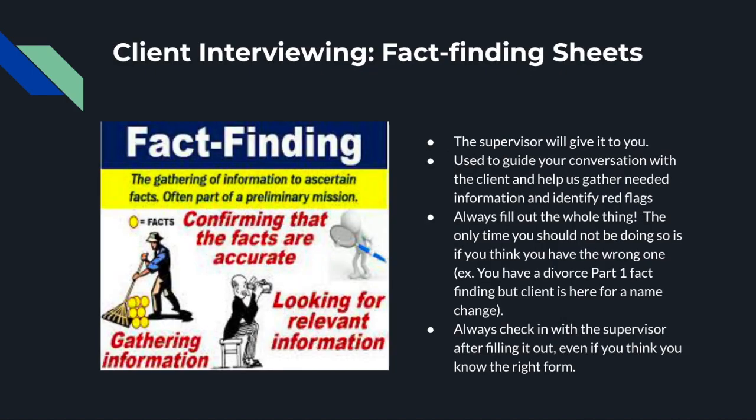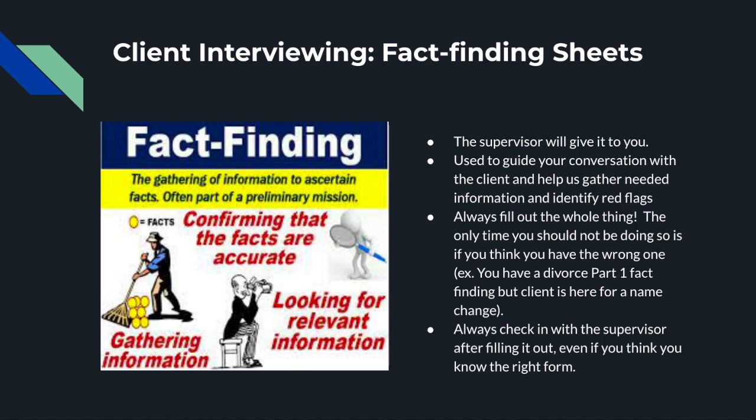So now we're going to get into a little bit of the nitty-gritty of client interviewing. One of the things we have done to make client interviewing a little bit easier is we have provided something called fact-finding sheets. So when you're in the clinic and you're assigned a client, you're going to be given a sheet. It has the client's name and usually the client's birth date.